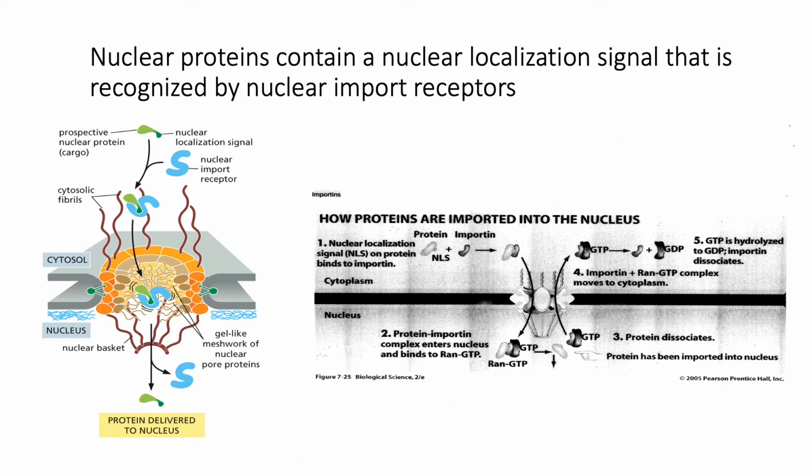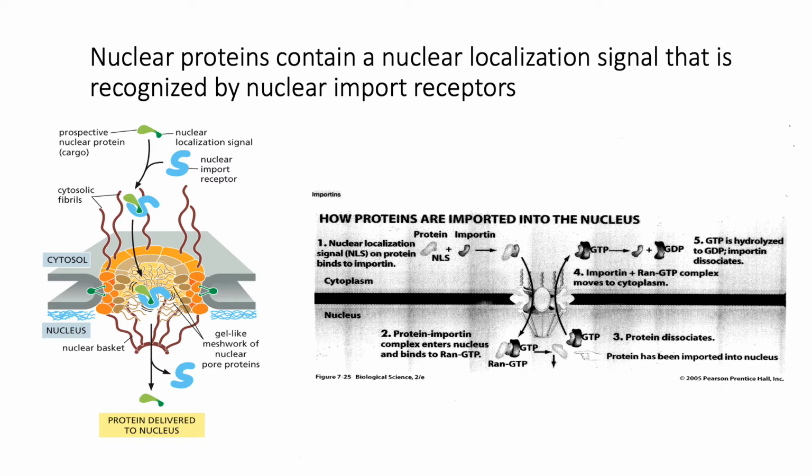Now, the RAN-GTP complex is allowed to leave the nucleus. The RAN protein actually has a nuclear export sequence. It gets out of the nucleus, and then in step number 4, the importin is released and the GTP is hydrolyzed.